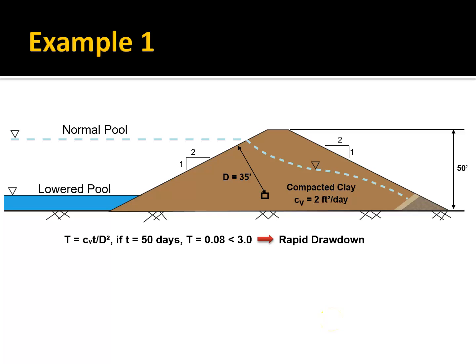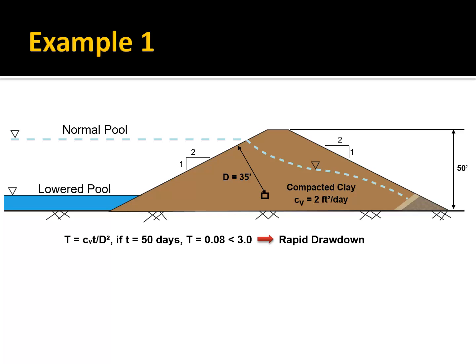And so if we plug in that drainage distance in the denominator here and square it, put in a time of t equals 50 days and a coefficient of consolidation of 2, we get a time factor of 0.08, which is far less than 3. Therefore, this would definitely count as rapid drawdown.